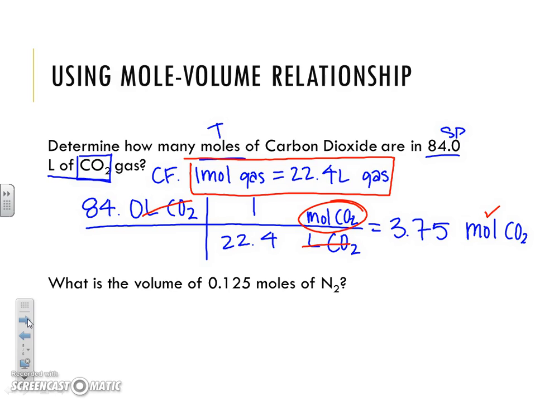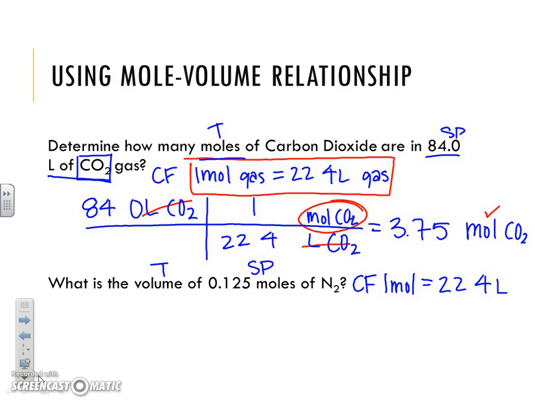What is the volume of 0.125 moles of nitrogen gas? So if we look at this one, volume is the target and moles is the starting point. Because this is a gas, we're going to use the same conversion factor we used above. 1 mole equals 22.4 liters.